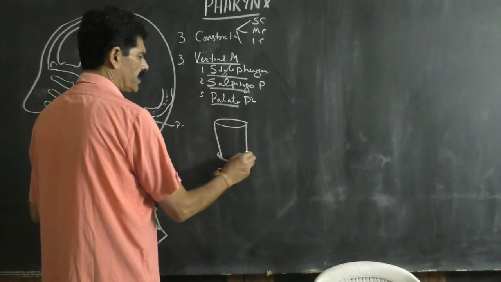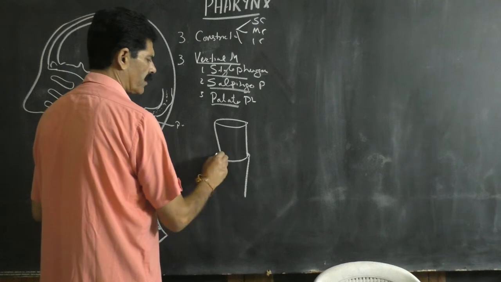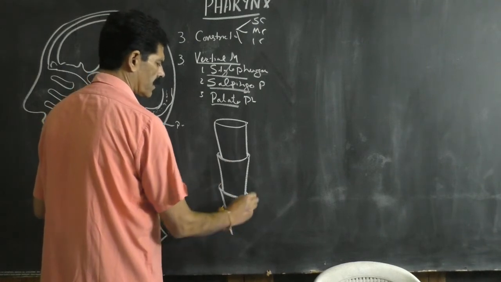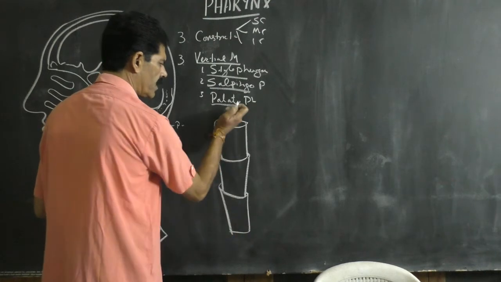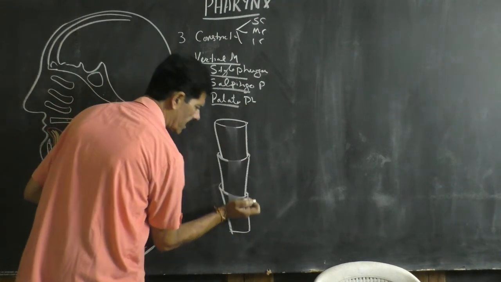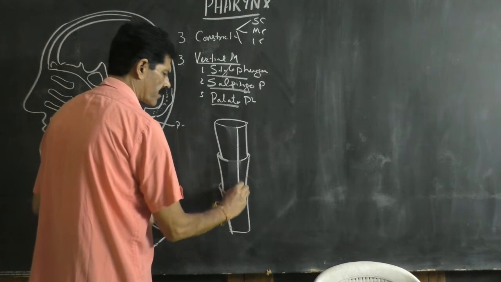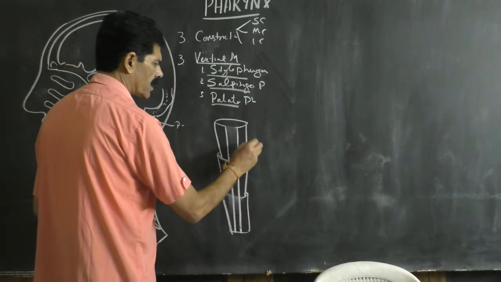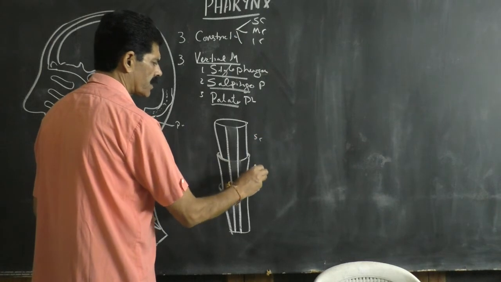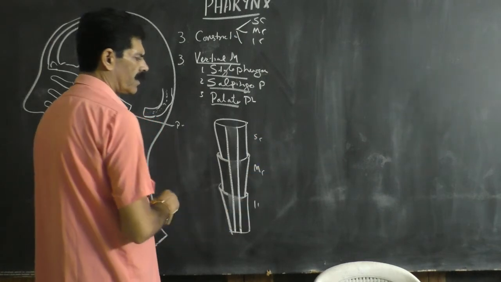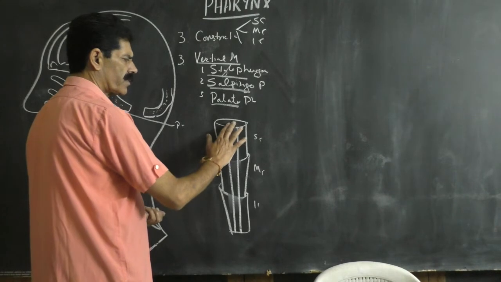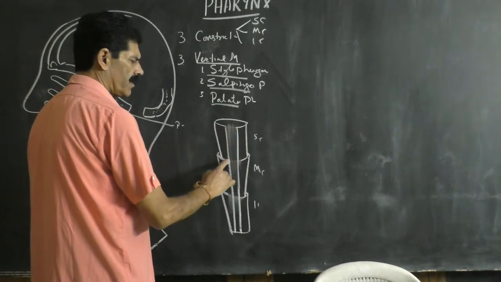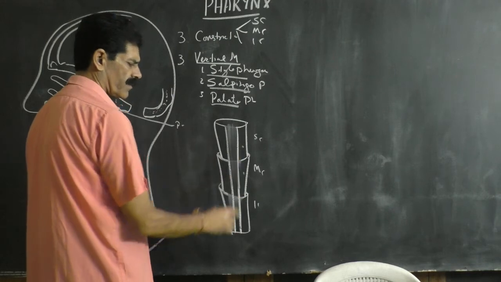If you keep these three flower pots concentrically, one into another, and break the anterior wall of them, now this is the superior constrictor, middle constrictor, and inferior constrictor. They are the three flower pots which we have broken in the midline. Actually this line represents the origin of these three muscles.